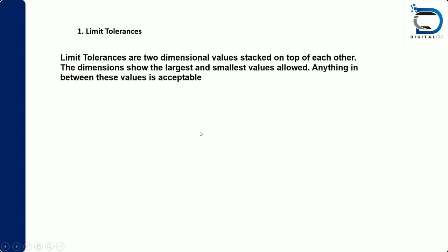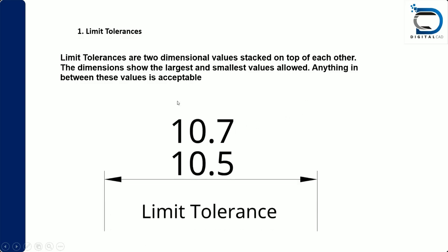First is limit tolerance. Limit tolerances are two dimensional values stacked on top of each other. Here you can see two dimensions, 10.7 and 10.5, stacked on top of each other.